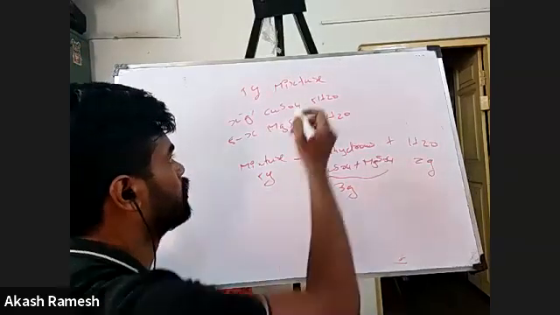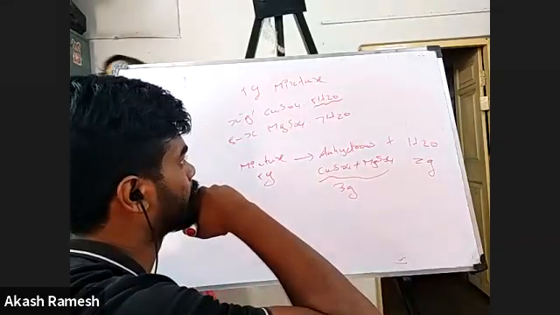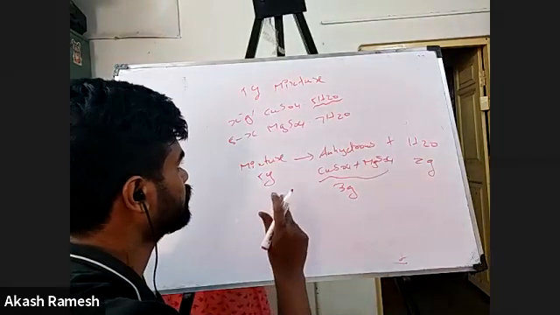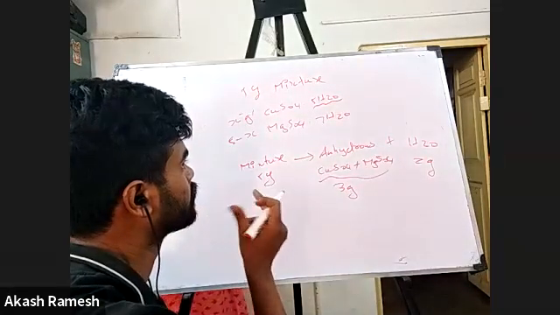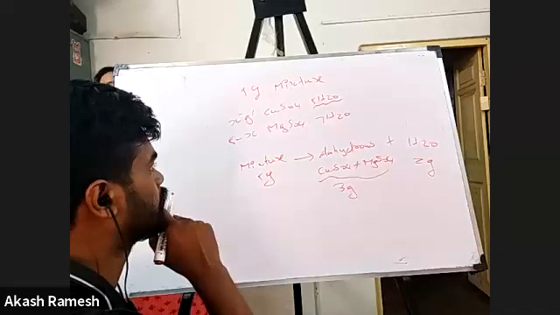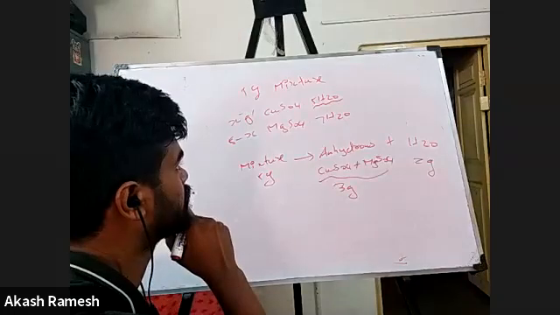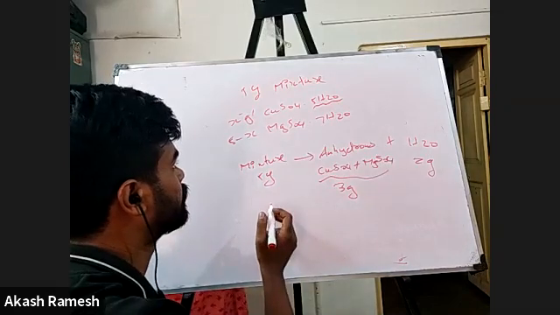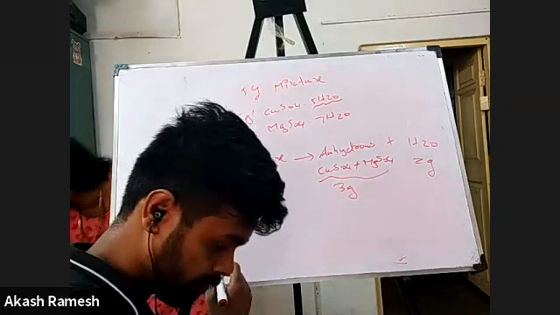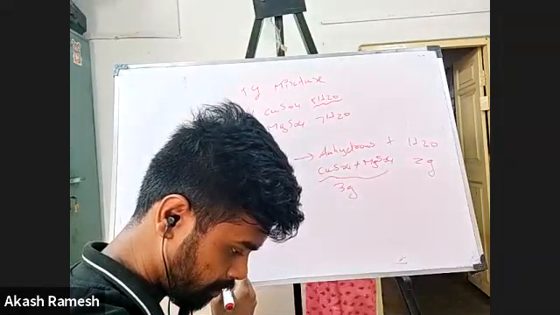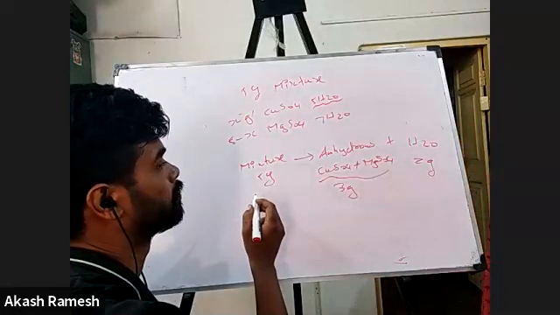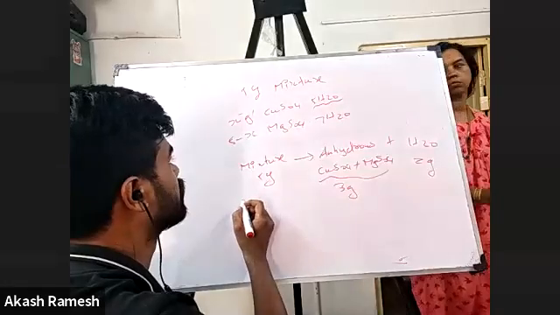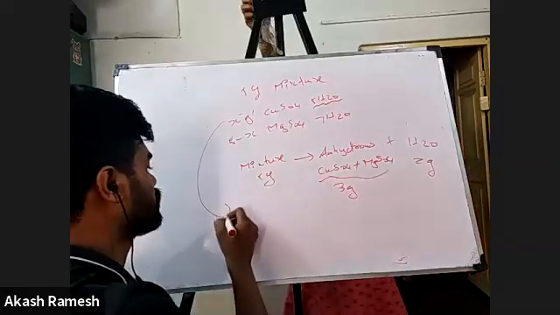Without water molecules, say this is 5H2O. If I do it in terms of the number of moles, first I calculate the molecular mass of this.